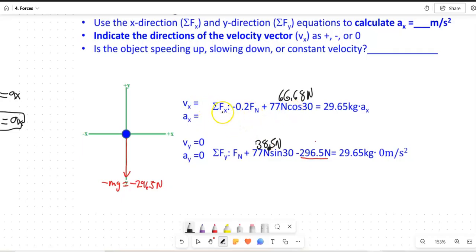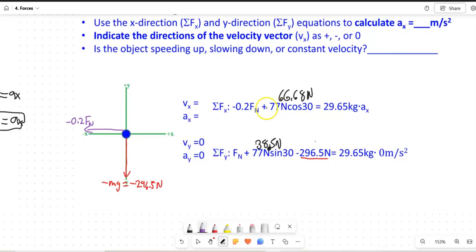We probably should have just stuck with the x direction, then done the y direction, but let's do the x direction first. It looks like we have a friction force, which is probably kinetic friction. It's going to be pointed to the left, so I'm going to designate that purple, which is negative 0.2 times the normal force.